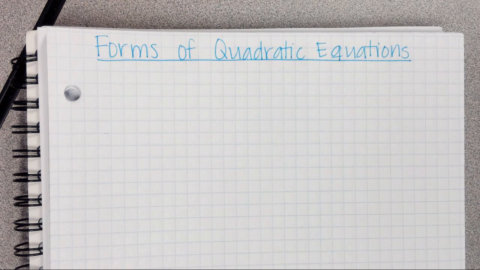All right, so we have the different forms of quadratic equations, which you saw in that activity, which we did. The first one that we're going to talk about is standard form, and this is what you are usually going to see a quadratic equation written in.